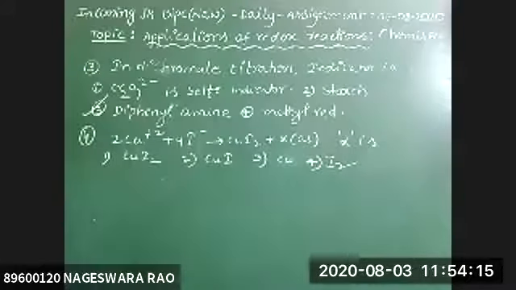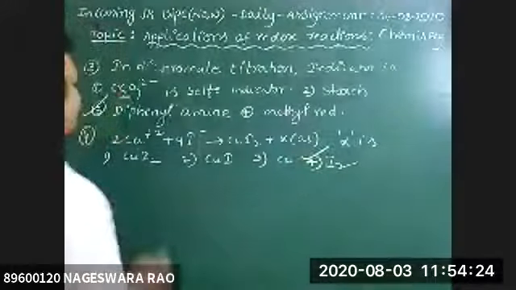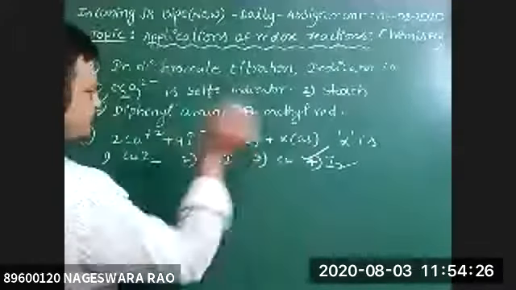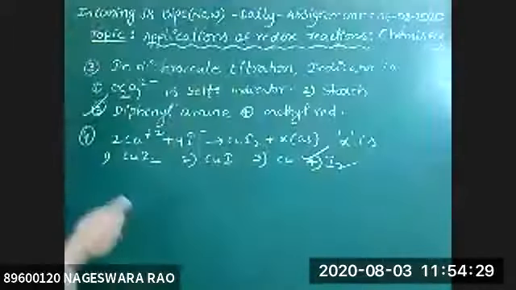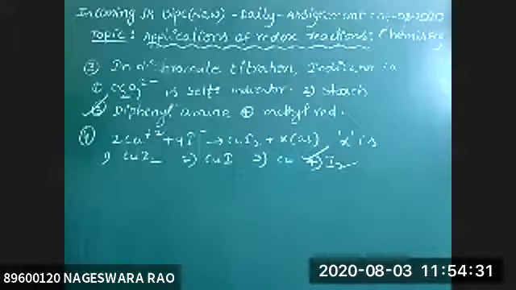So in this reaction, I2 is formed. I2 aqueous is formed, so here X is I2. I minus converts to I2.